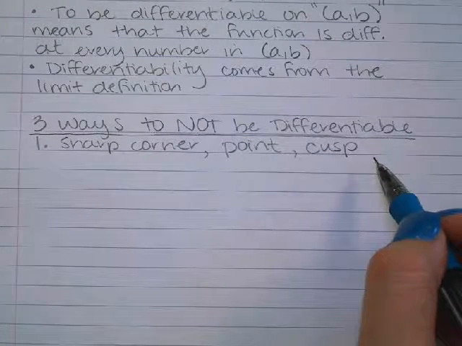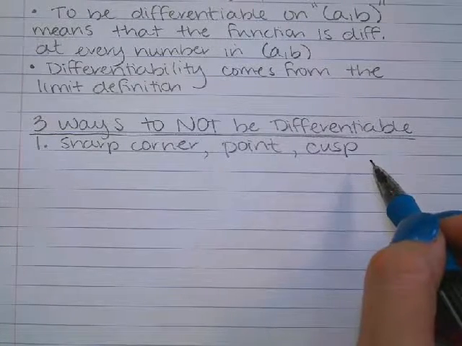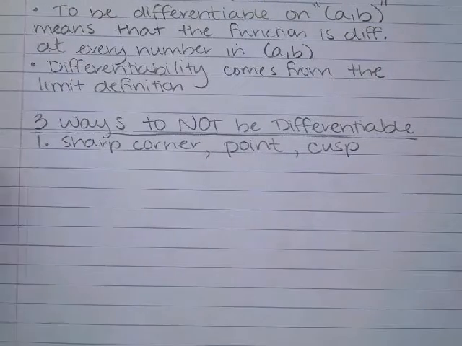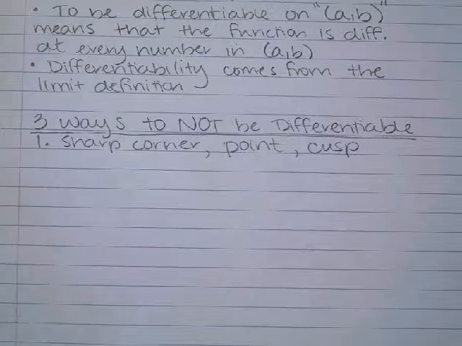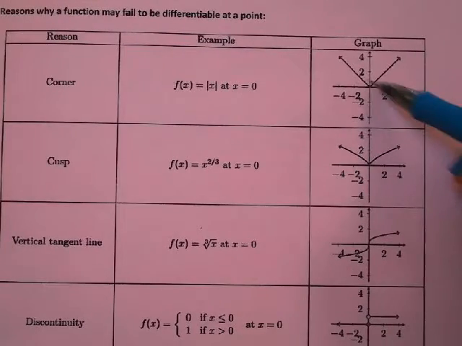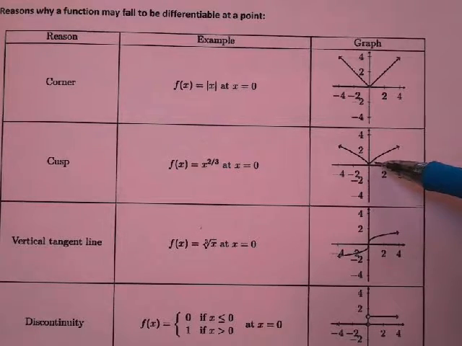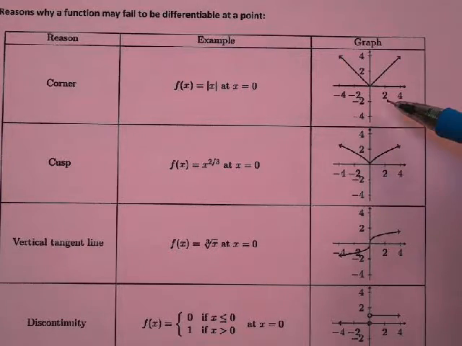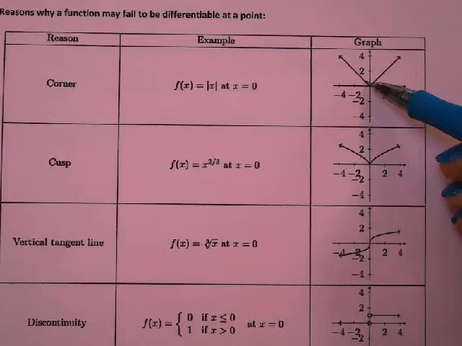If you look at your pink sheet, you can see an example of that. A cusp is kind of like a corner, but it curves to come together to make a little point. The reason that the derivative doesn't exist there is because the left-hand limit is the left-hand slope.